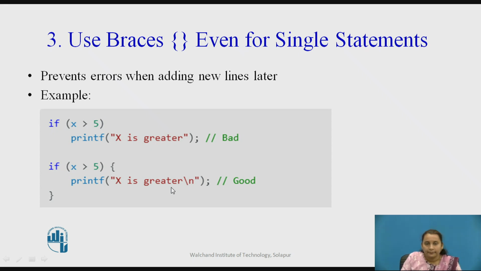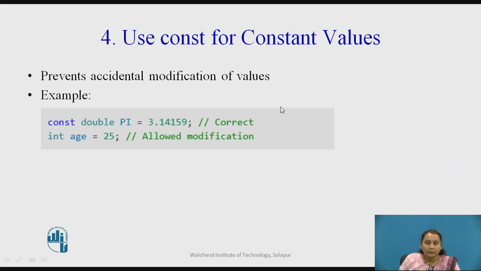The next point is to use const for constant values. It prevents accidental modification of values. For example, some values we want to keep the same and don't want to change.